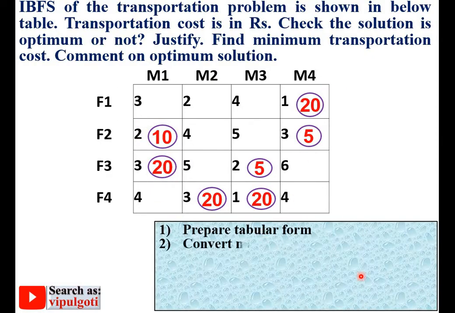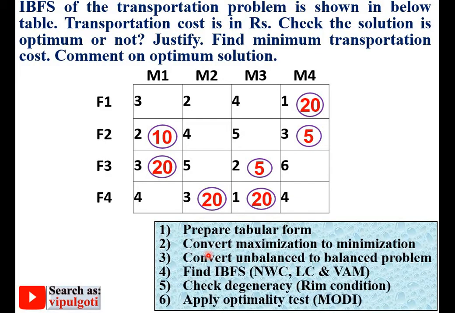Now let's see the steps of the transportation problem. Prepare tabular form, convert maximization to minimization, convert unbalanced to balanced, find the IBFS by NWC or LC or VAM. Here the IBFS is already given to you, so we have completed up to the fourth step.